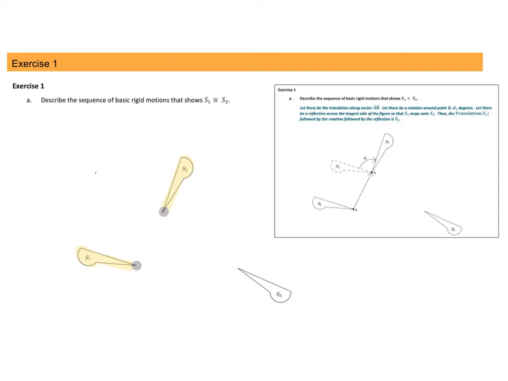Okay, we're just going to create a vector for ourselves. And we're going to slide it up. Okay, so this new figure, after we did that translation, is going to be right here. Okay, and the corners match up and they're on top of each other.